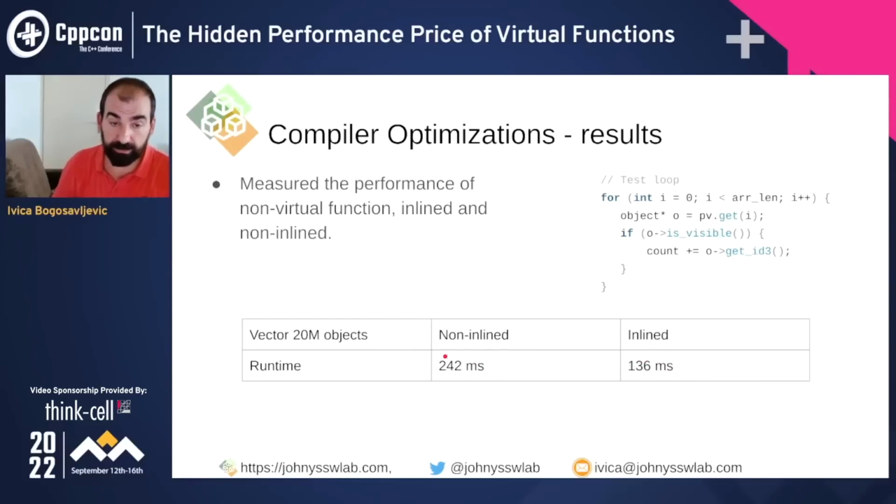Now, part of the reason is the price of the call, so the call and return instructions. But the other, much higher price, the reason why this is almost 2 times slower, is that with inlining of isVisible and getID3 the compiler could actually perform additional compiler optimizations.